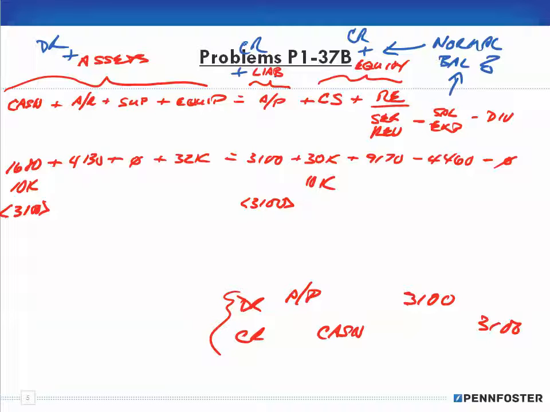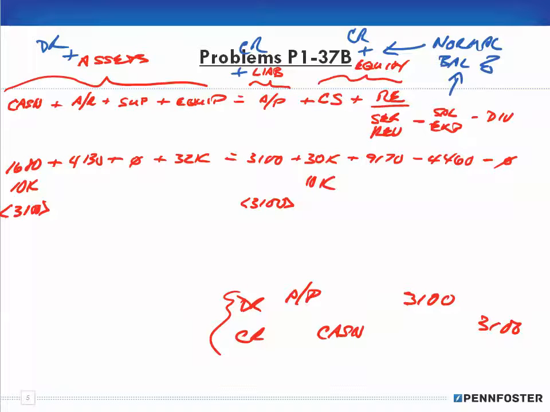What increases the liability is a credit, right? Well, we're debiting the accounts payable, so that means we're decreasing the accounts payable, which means we're subtracting the 3,100 from it. Remember, debits mean what's on the left. Credit means what's on the right. It doesn't mean increase or decrease. It all depends upon this relationship between the category of account and its normal balance, whether it's a debit or a credit.